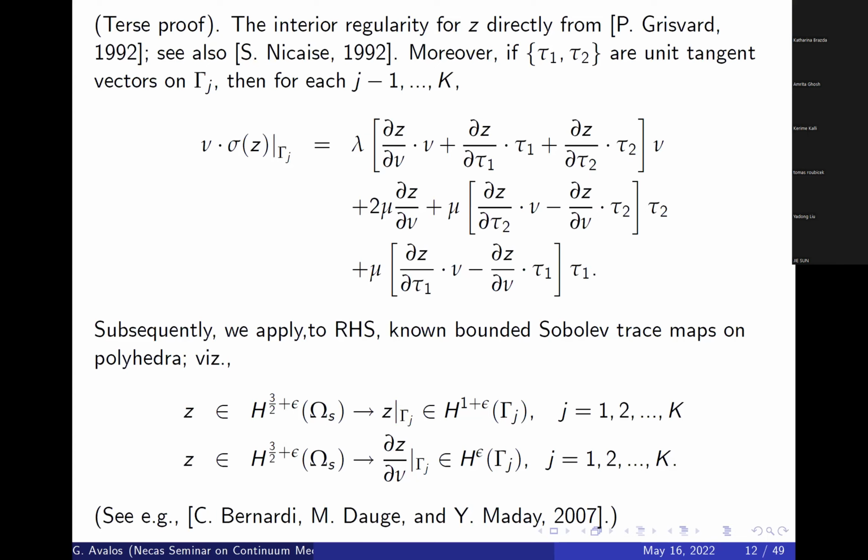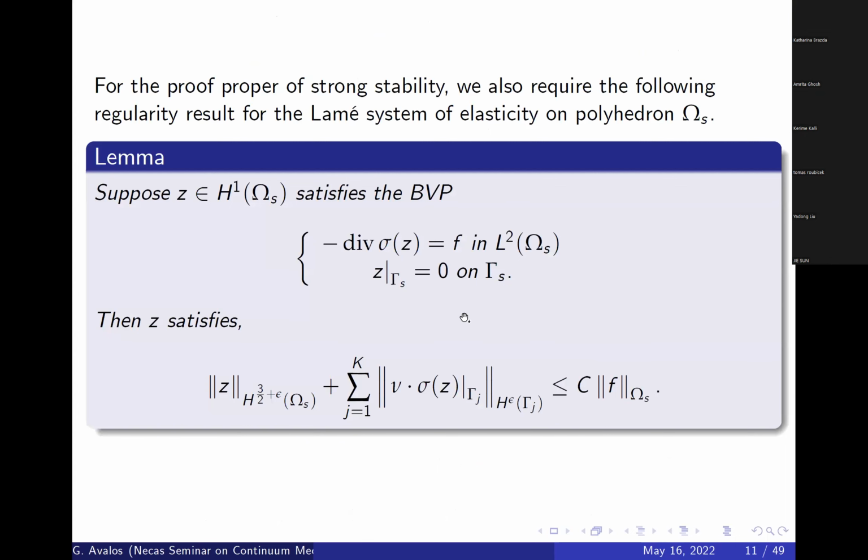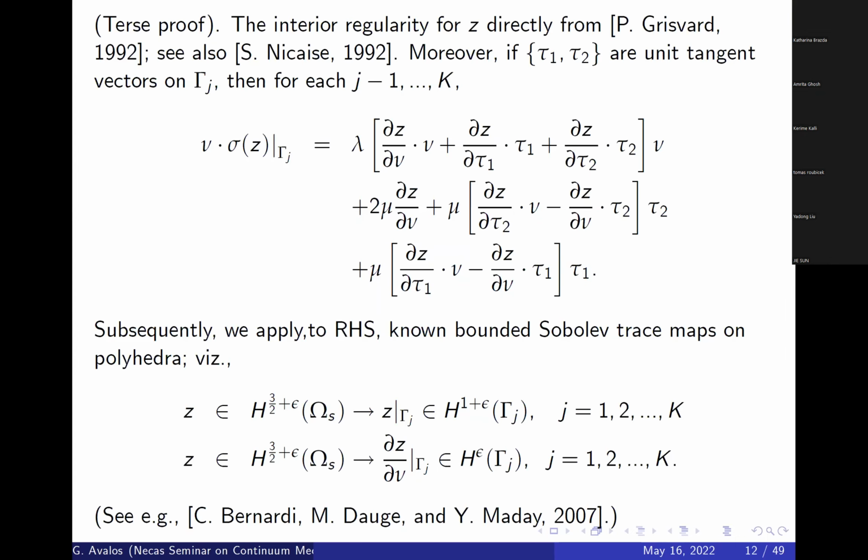And now to obtain needed control of the flux, it's essentially an exercise in linear algebra. On each polygonal face, get yourself an orthonormal system with respect to tangent and normal vectors. And just with your bare hands, so to speak, write out a linear system and solve it.